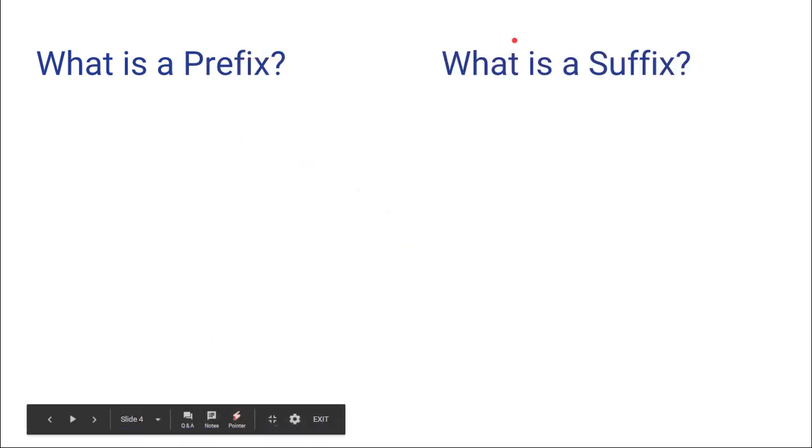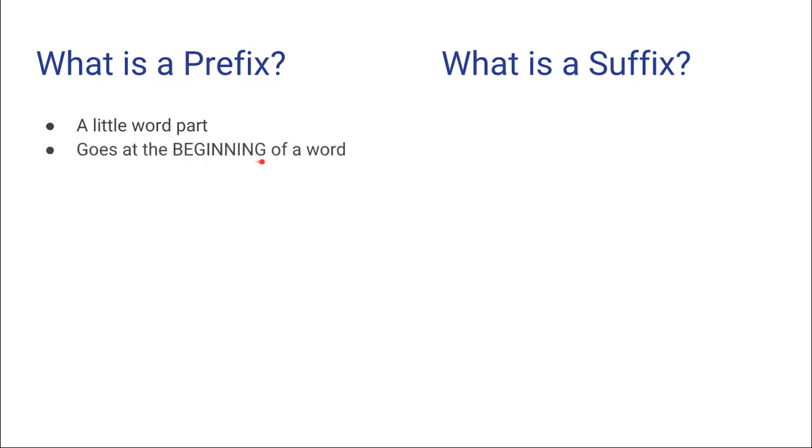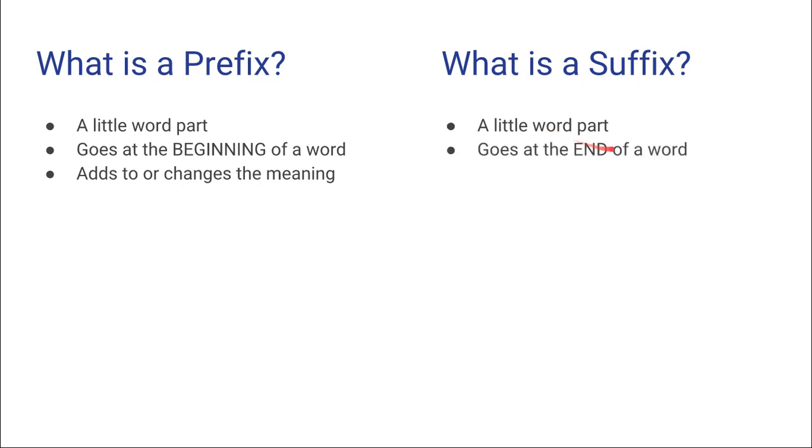So, prefixes and suffixes. A prefix is a little word part. It goes at the beginning of a word, and then it adds to or changes the meaning. And then suffixes are nearly the exact same thing. A suffix is a little word part that goes at the end of a word, and it adds to or changes the meaning.